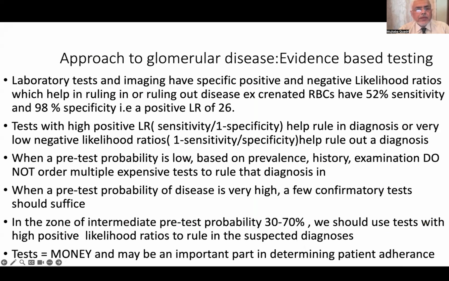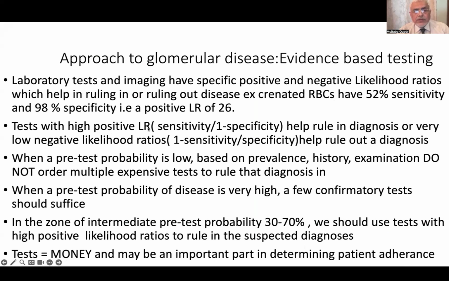the buttocks. So in general, lab tests and imaging have their own positive and negative likelihood ratios, which help in ruling in or ruling out disease. For example, crenated RBCs have 52% sensitivity, 98% specificity, which gives a positive likelihood ratio of 26 for thinking of proliferative glomerulonephritis.